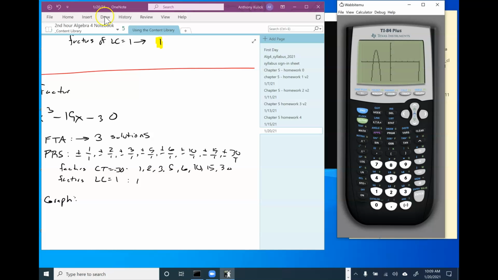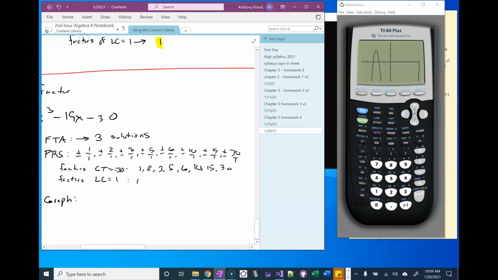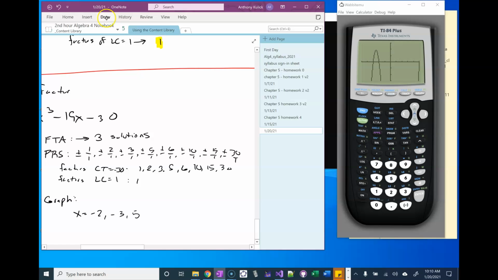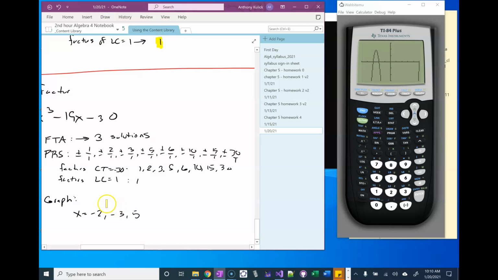So I'm going to write down that information: -2, -3, and +5. And I'm going to check that those values are on my list of possible rational solutions. I have -2, I have -3, and I have +5.